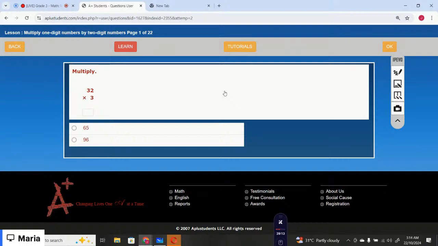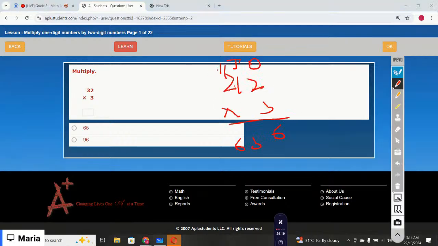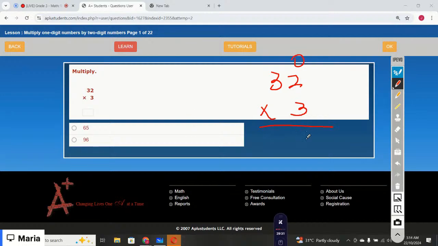That is 32 times 3. So, which is the correct option? So, you have to do 32 times 3, right? Start multiplying by the ones digit. 3 times 2 is 6. Then you have to multiply with the tens digit. So, 3 times 3 is 9. So, the correct option is 96.